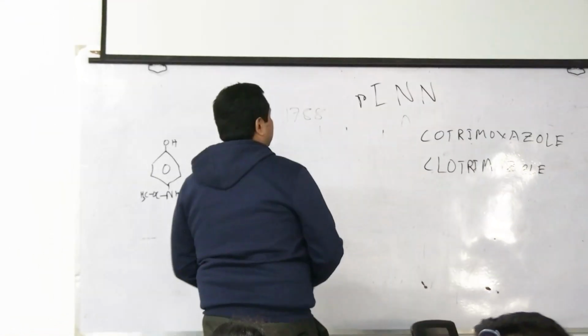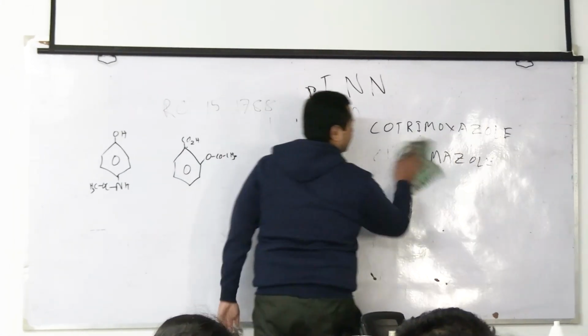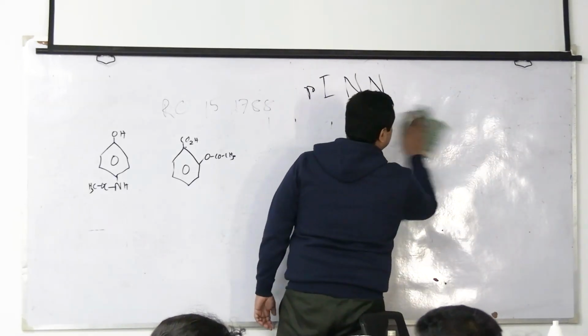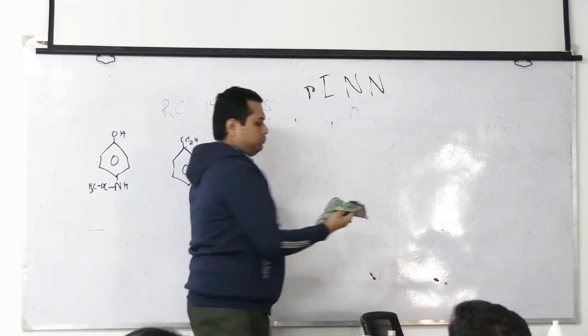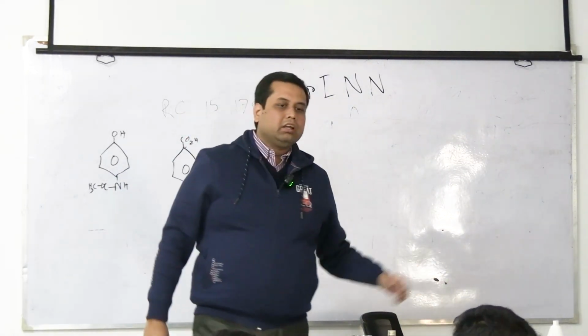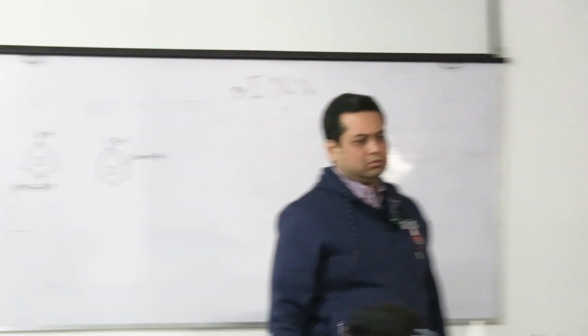There are certain drugs that belong to the same family and have certain wording common in them. Let's say beta blocker, okay, nebivolol, acebutolol.